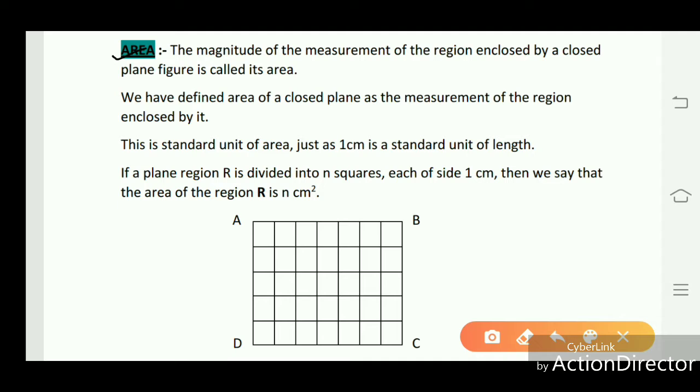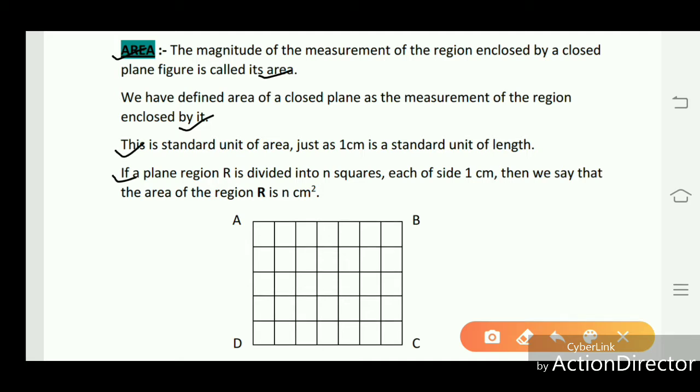Area. The magnitude of the measurement of a region enclosed by a closed plane figure is called its area. We have defined the area of a closed plane figure as the measurement of the region enclosed by it.